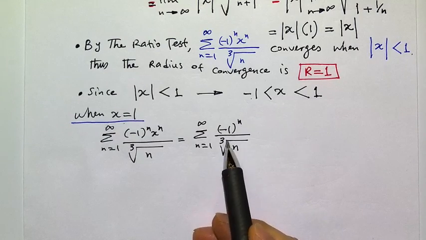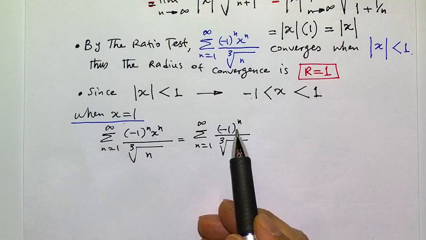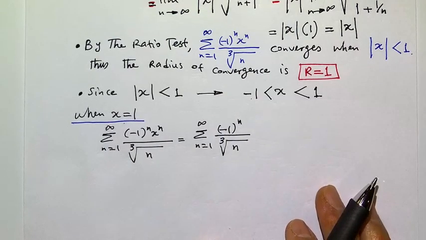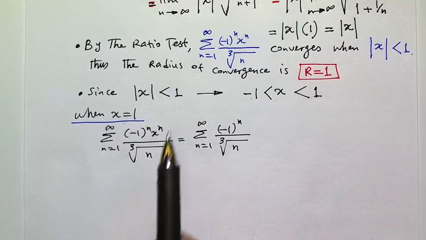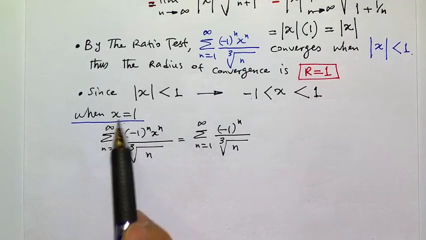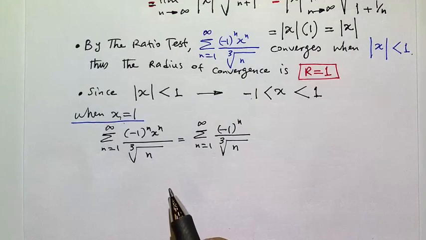So this looks like an alternating series because of the (-1)^n. So let's consider the alternating series test to test the convergence of that series at x equals 1.